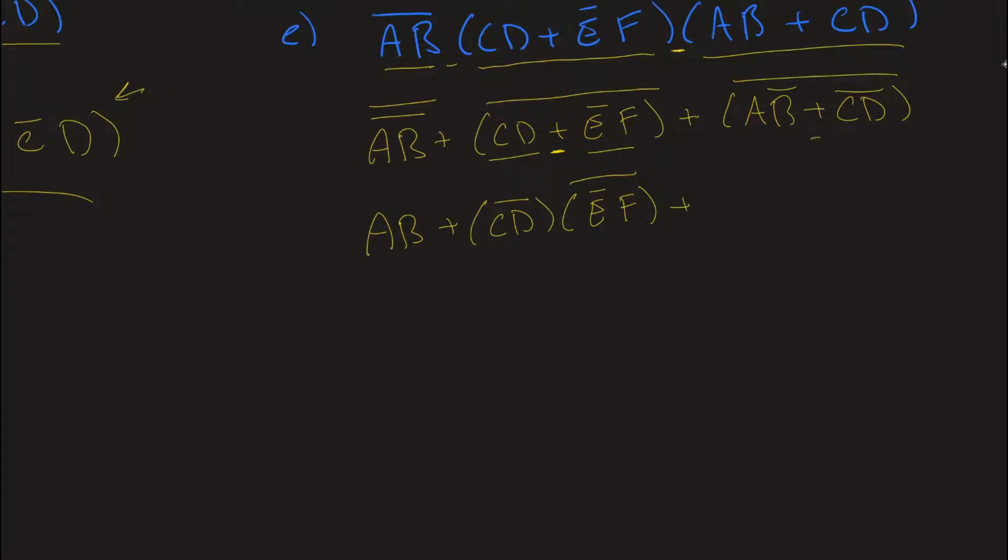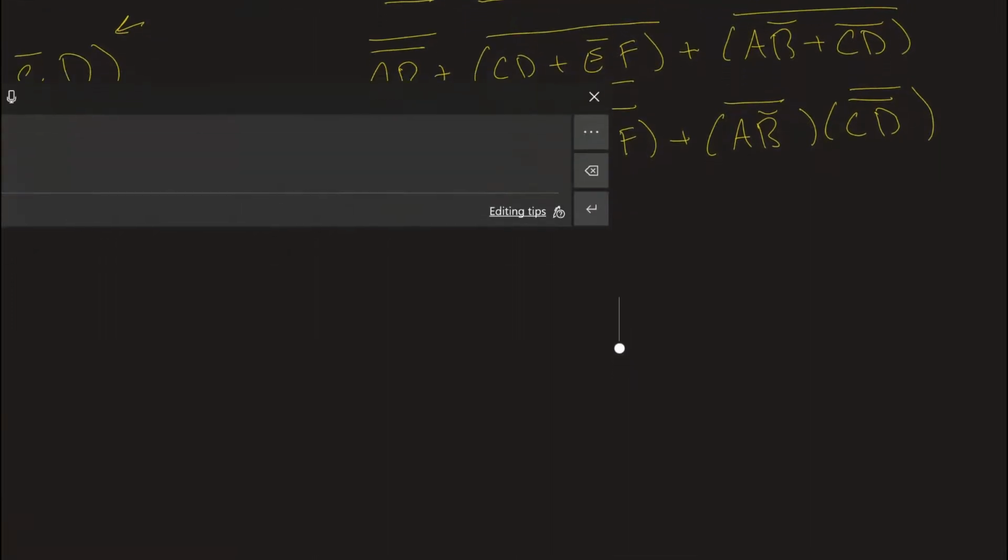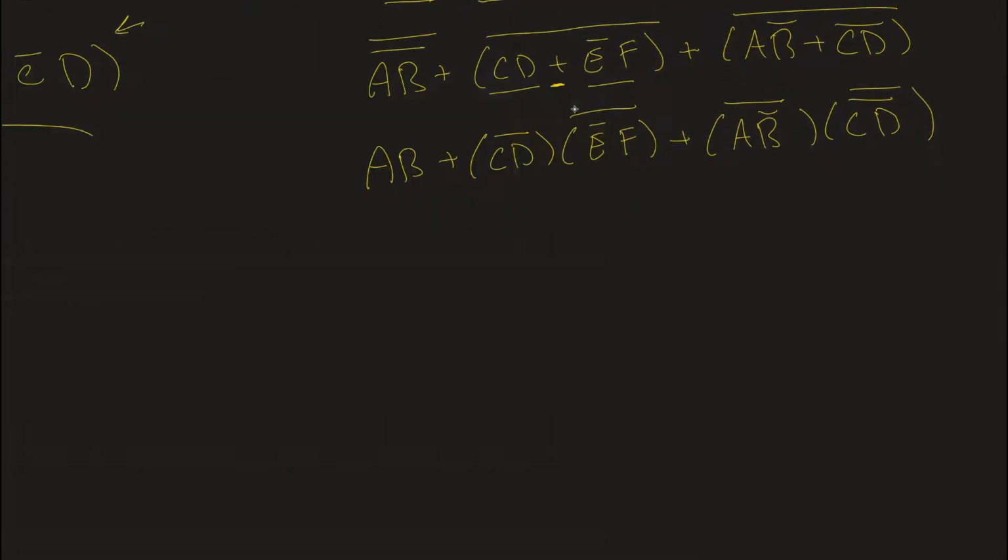Or, same thing going on over here. So A, B not with an overbar, C, D not, and the overbar. So I notice it looks like it takes longer because I'm breaking it down step by step. Trust me, you're going to save yourself from a lot of mistakes. In the end, it'll be quicker.